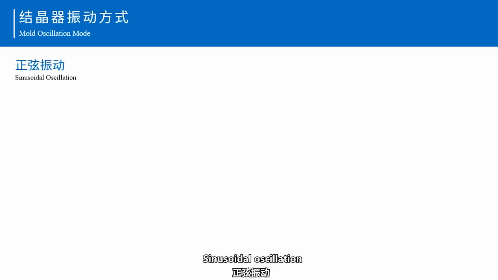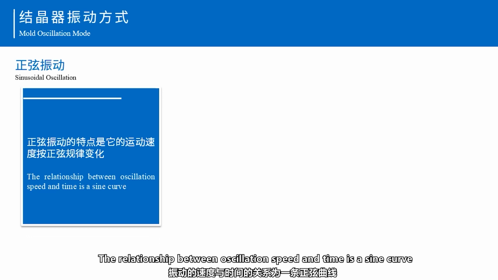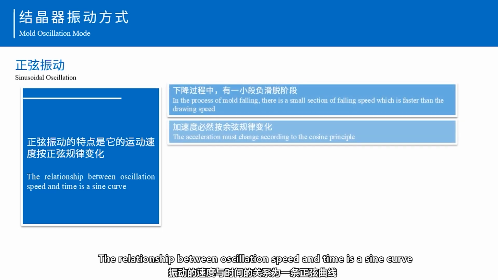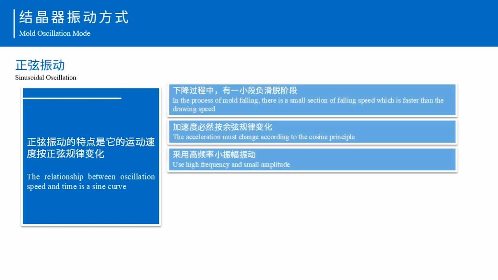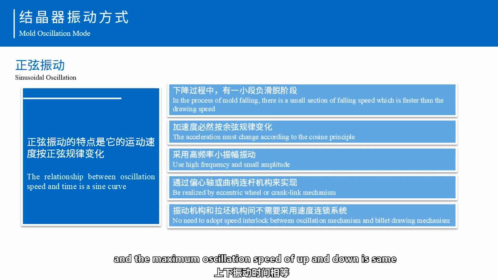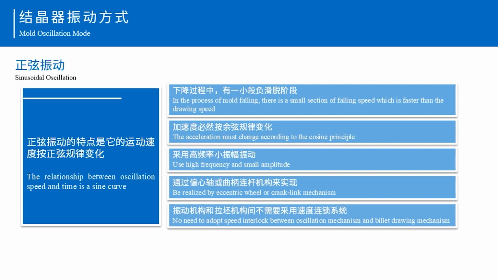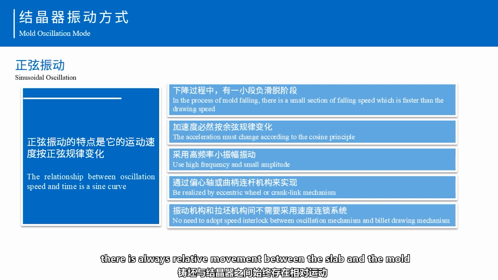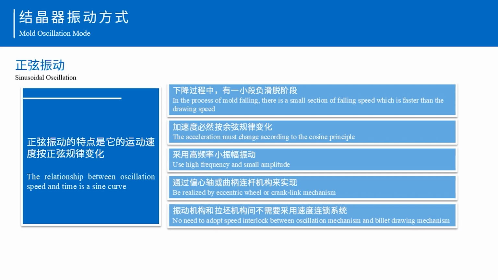The third is sinusoidal isolation. The relationship between isolation speed and time is a sine curve. The time of sinusoidal isolation up and down is equal, and the maximum isolation speed of up and down is the same. In the whole isolation cycle, there is always relative movement between the slab and the mold.